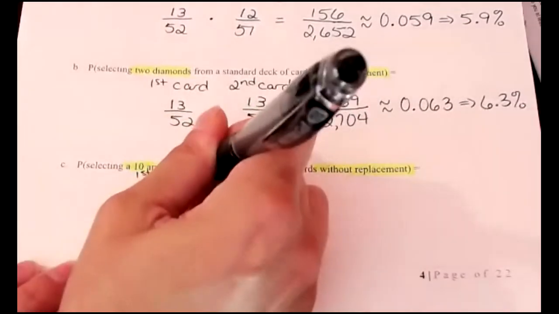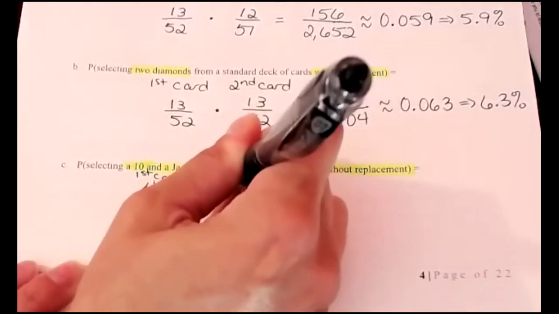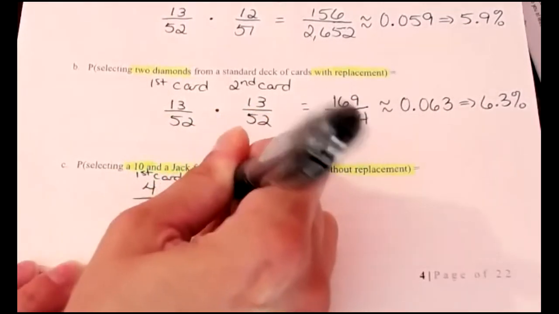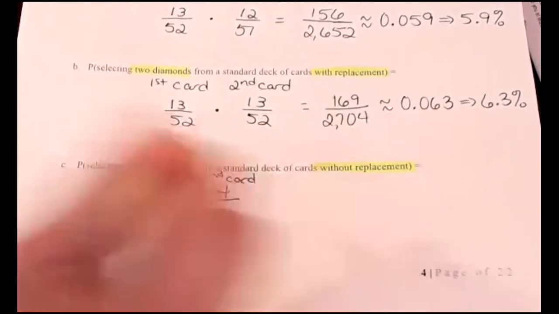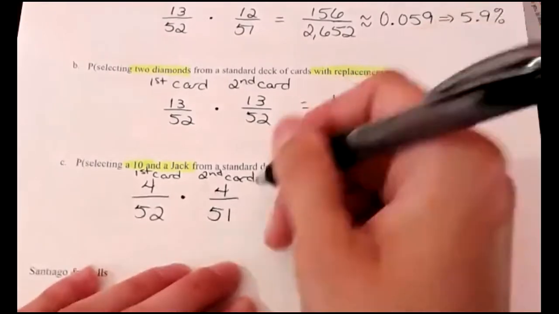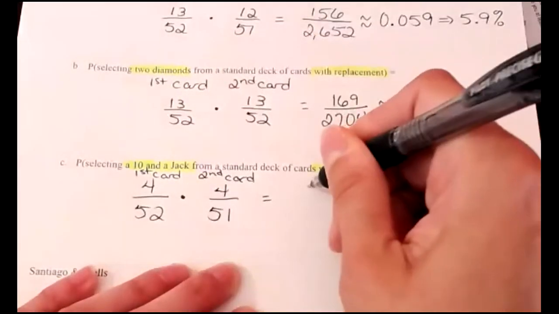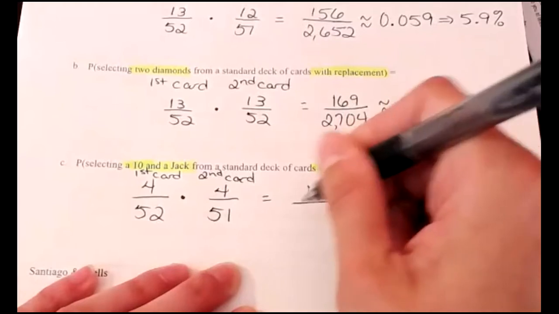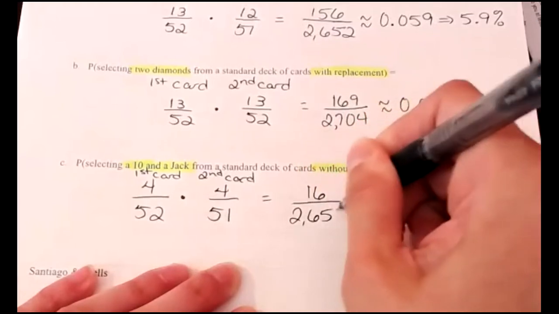We have not picked a jack at all. So there are still 4 outcomes, but this time there's only 51 cards. It was without replacement, so we kept that first card, which is what decreased the denominator by 1. When you multiply from left to right, you'll have 16 over 2,652.